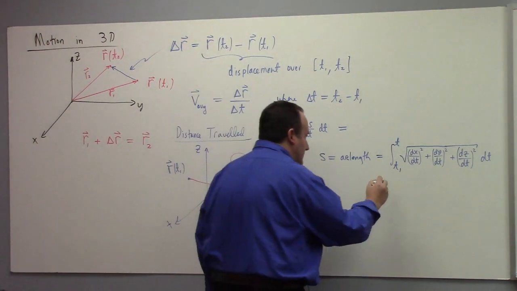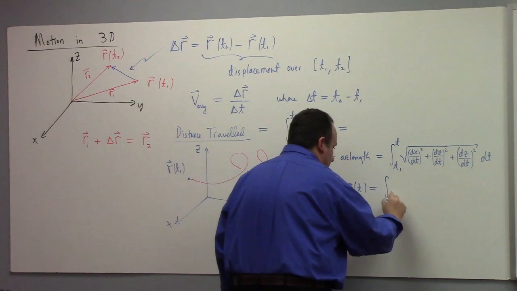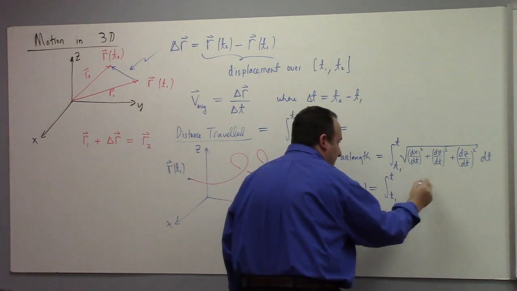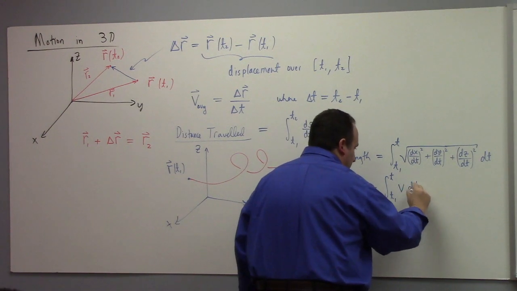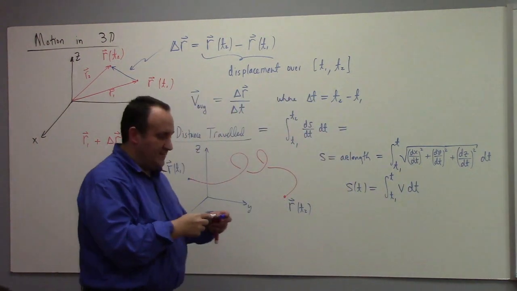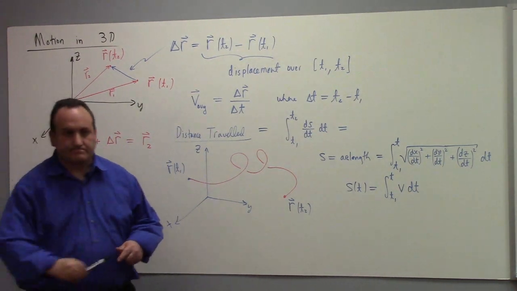In other words, s of t is equal to the integral from t1 to t of, this is the velocity. Excuse me, that's not the velocity, it is the magnitude of the velocity. We have a name for that.